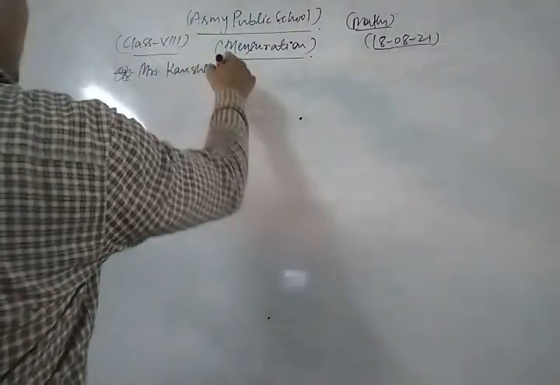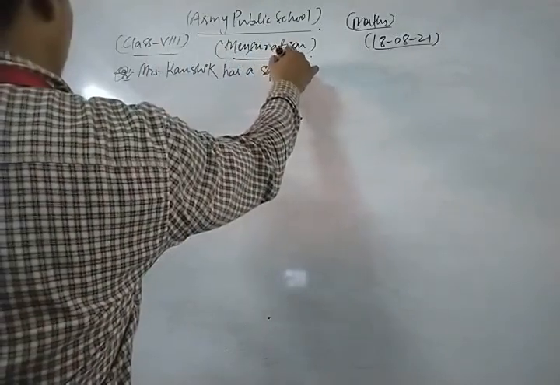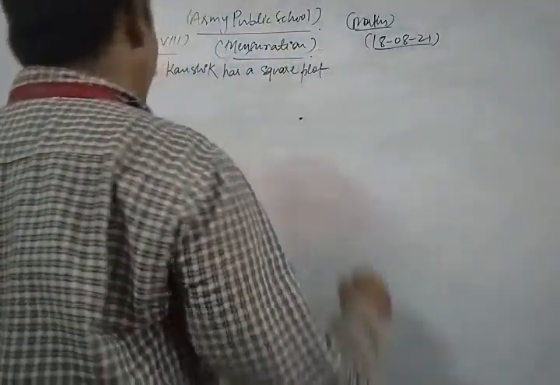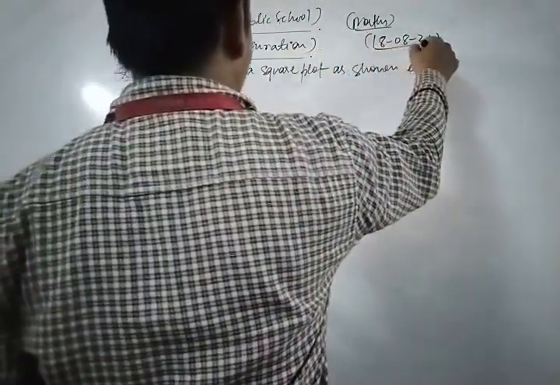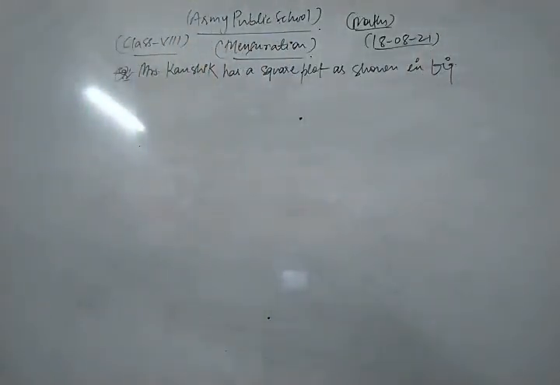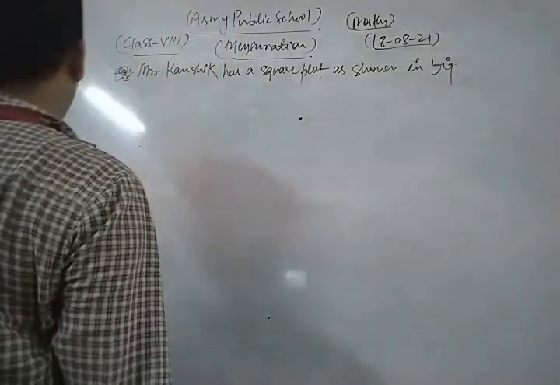Mrs. Kaushik has a square plot, as shown in the figure.